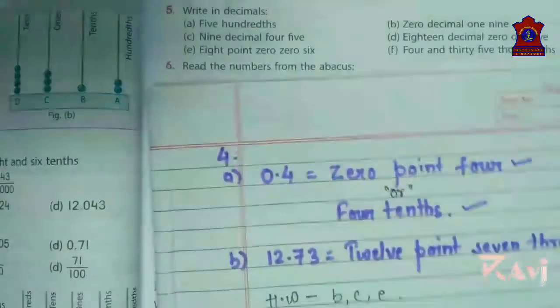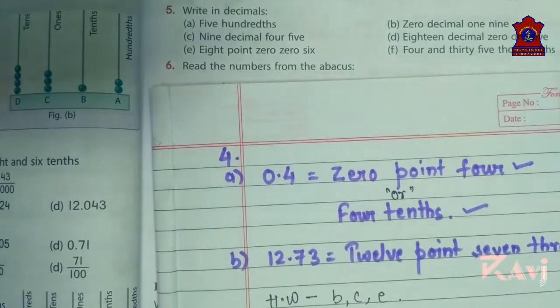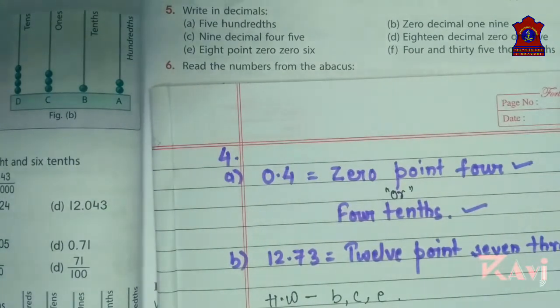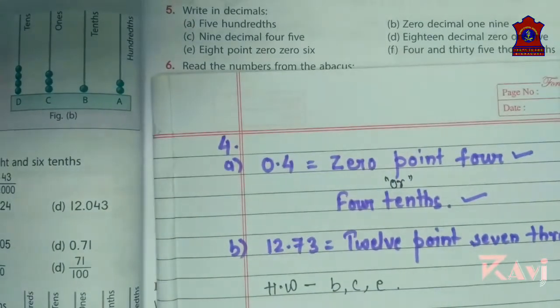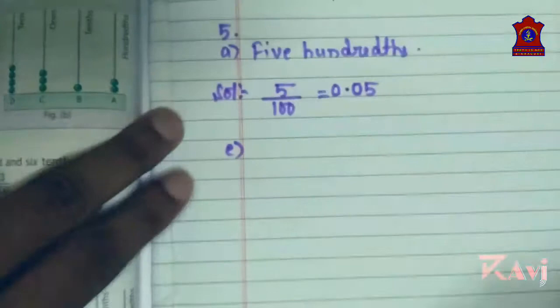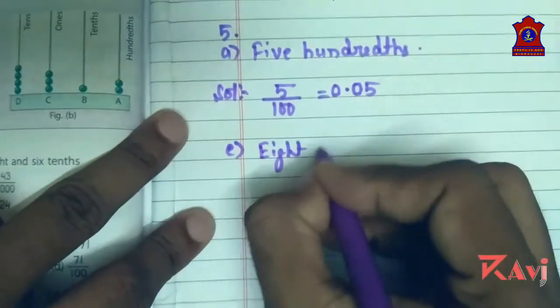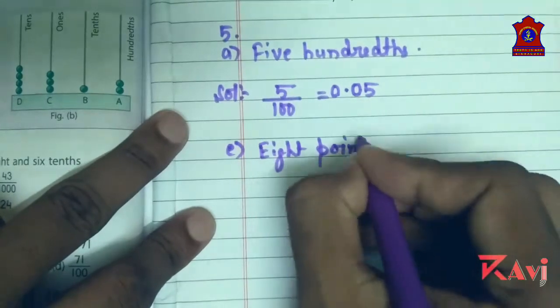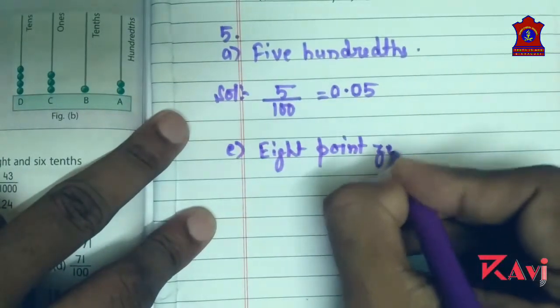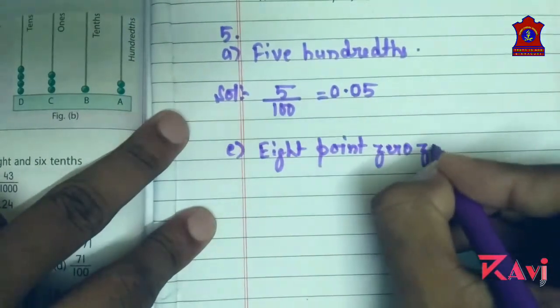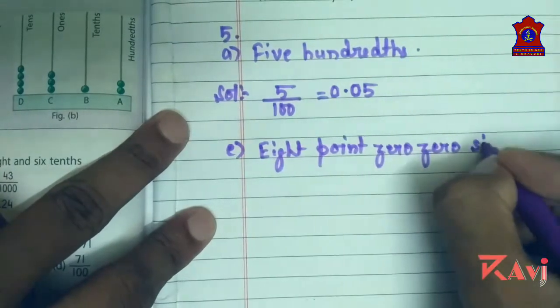Okay, let me do one more question for you. See, if a question is like this, question number E. 8.006. Eight point zero zero six.